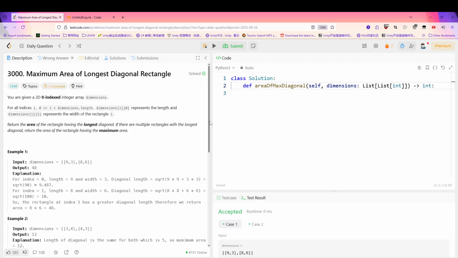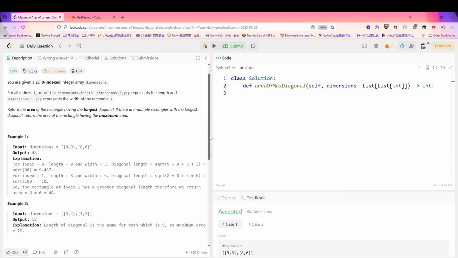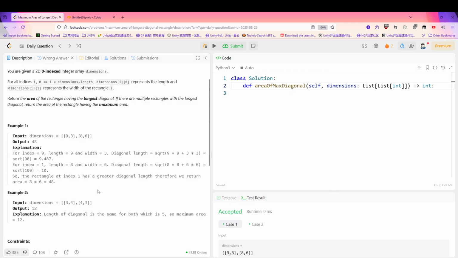Okay, so I think today's question is very clear based on the text, right? But we have to check the example first. Remember, the example of the LeetCode question is very important for you to understand the question clearly and comprehensively. So we got dimensions like 9, 3, 8, 6. This one is the length, this one is the width, right? Output is 48. Why?